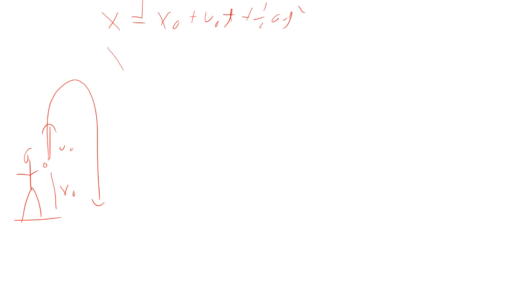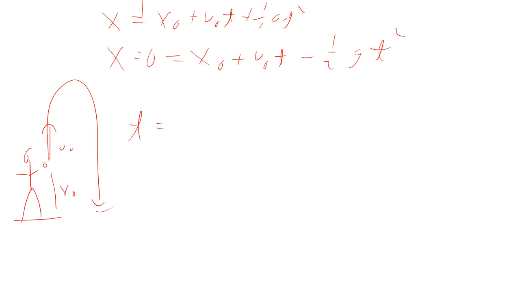Okay, so I'm going to say the final height is 0. So that's going to be 0 equals x naught plus v naught t minus 1/2 gt squared. In this case, we can plug all this into the quadratic formula.